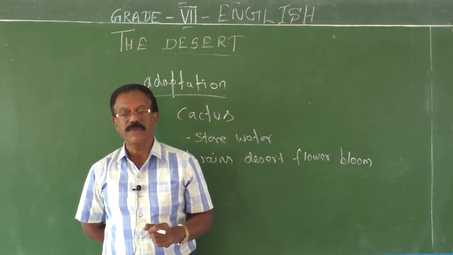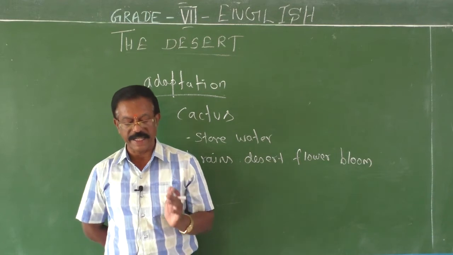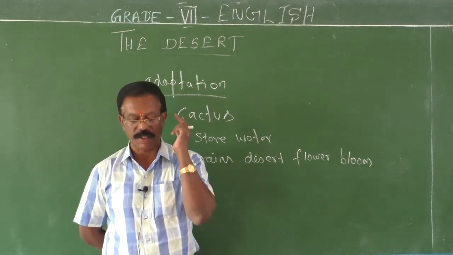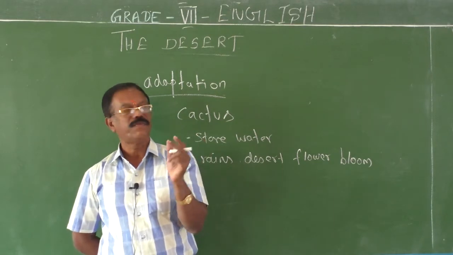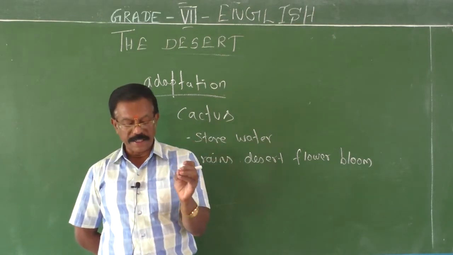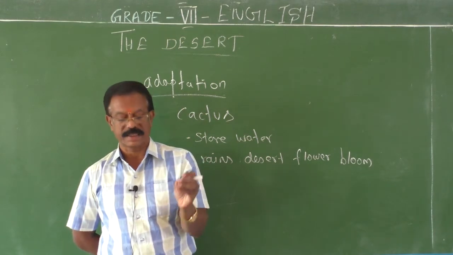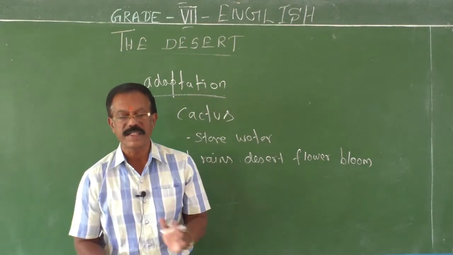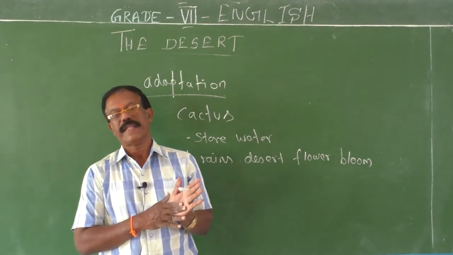The major features of all deserts are dryness and variation in temperature. Very important. You have to keep these two points in mind. The major features of all deserts are dryness and variation in temperature. Temperature is not always uniform in a desert.